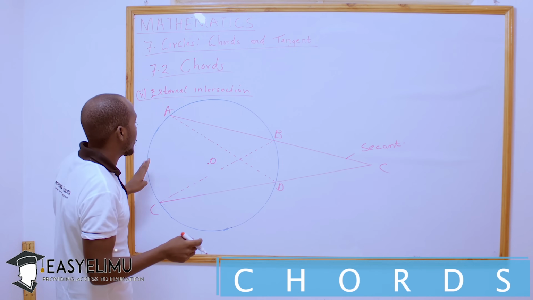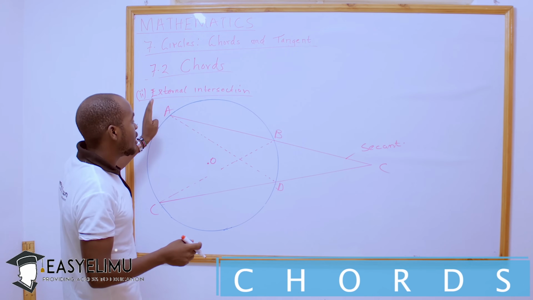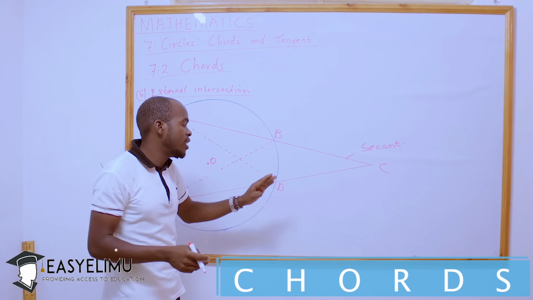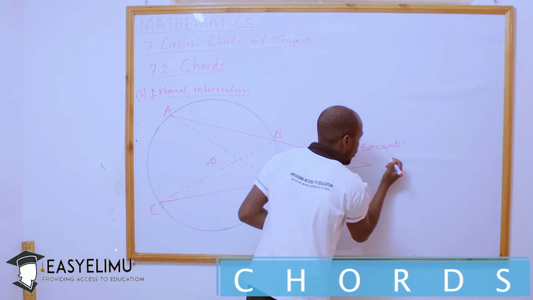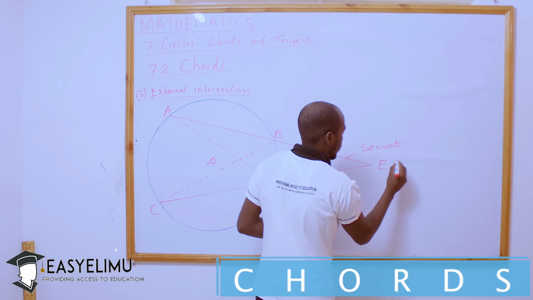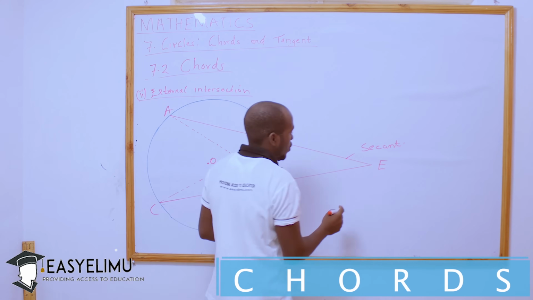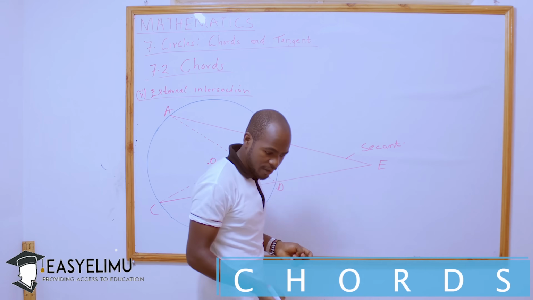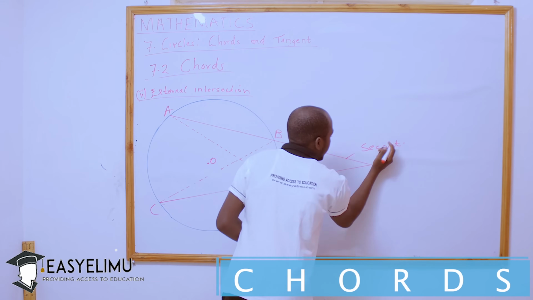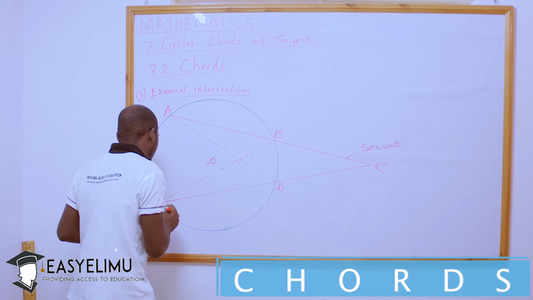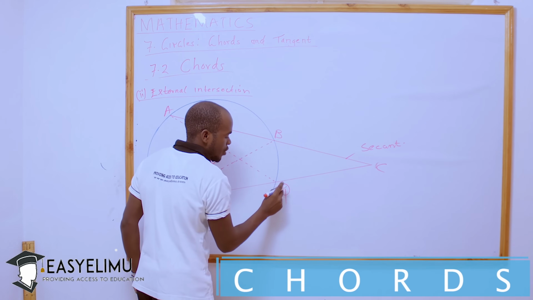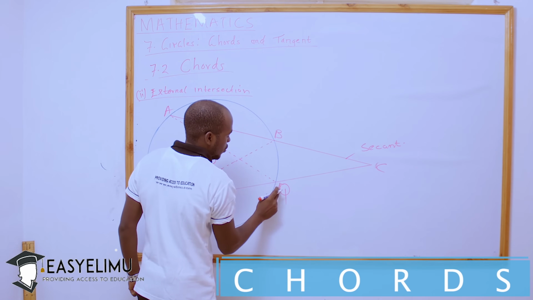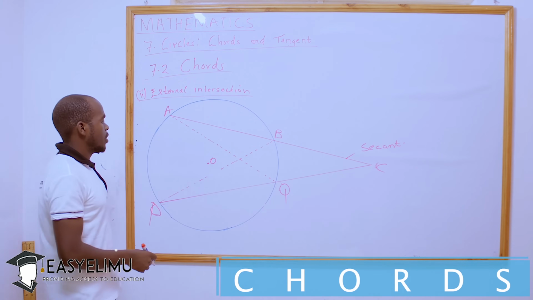And if that is the case, we are going to see the relationship between A, B, C, D, and O. Sorry, let this one be E. Or rather, let's just use whatever I used here, which was here C. This is P. And this one be given the name Q, so as to make things easier.